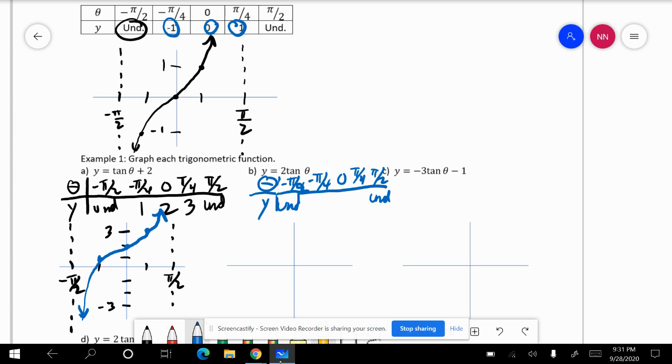So if we take negative 1 and times it by 2, it's negative 2. Anything times 0 is 0. And then 1 times 2 is 2. And remember, we're going to put our pi halves and our negative pi halves. We draw vertical asymptotes. This is an imaginary line where the graph does not cross. So we have negative 2, 0, and 2.